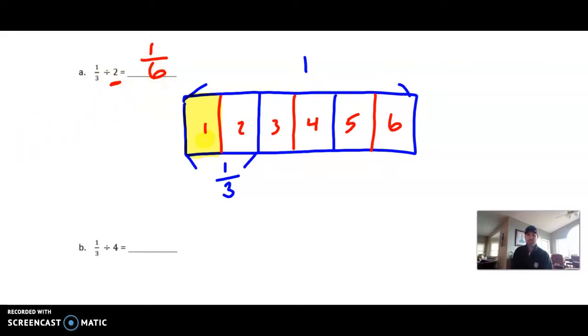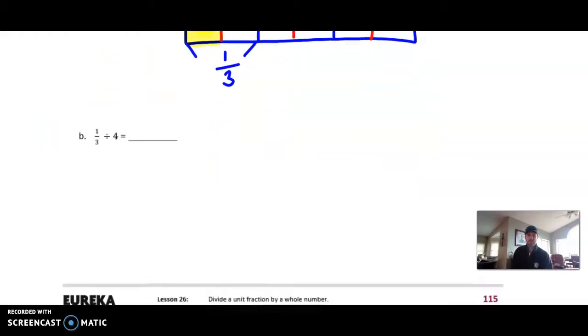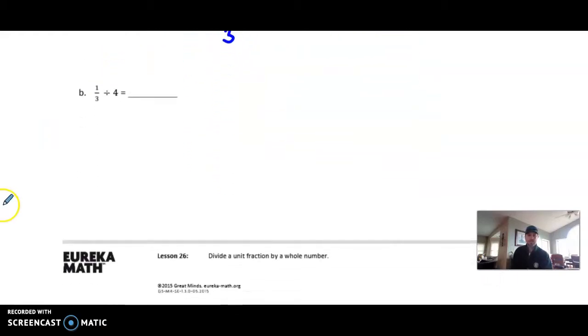Let's try another one. Got a few minutes left in my video. Again, I try not to make it more than 15 minutes for you. All right, again, pause the video and go as far as you can in trying to solve 1/3 divided by 4. And then play it and see how you did. Again, in this particular problem, you have lots of space.